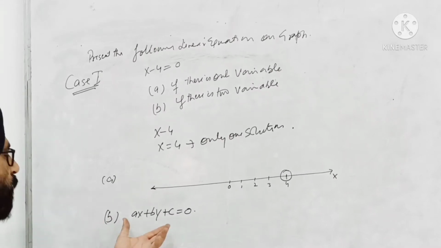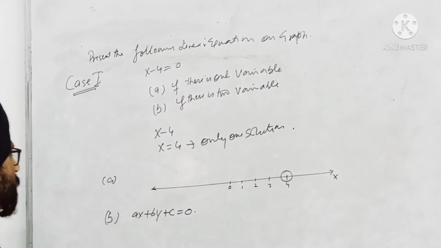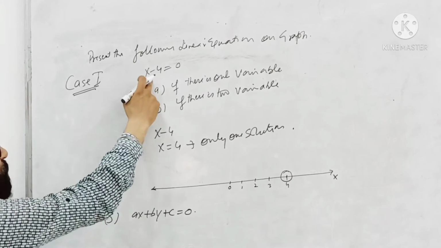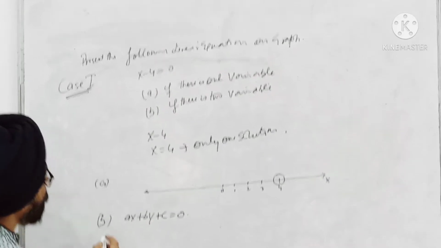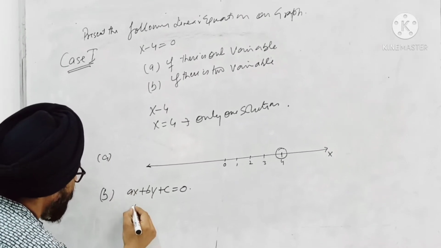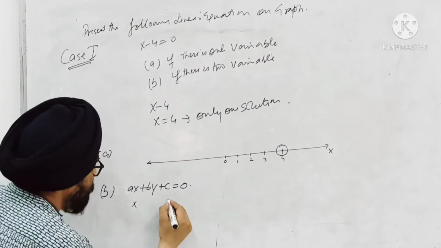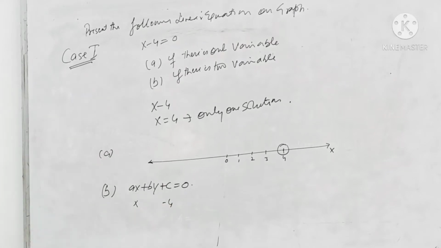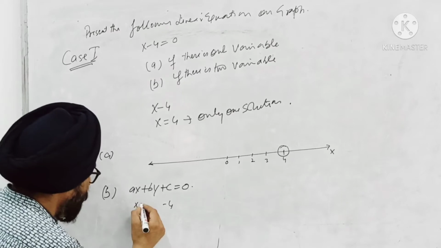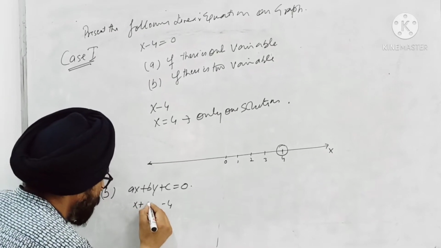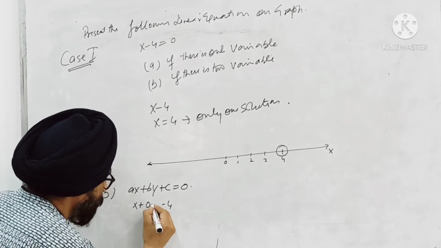This mathematical model we already discussed. Here x minus 4 is equal to 0. We know which coefficient is not given: b. Treat it as 0.